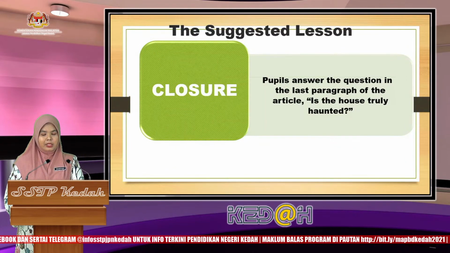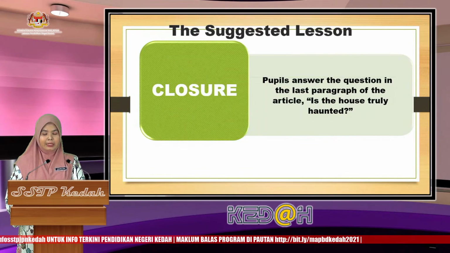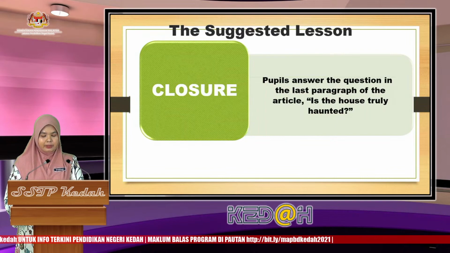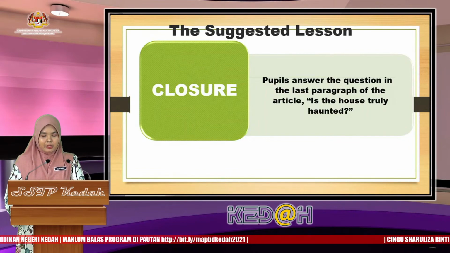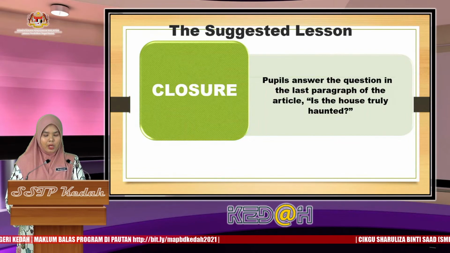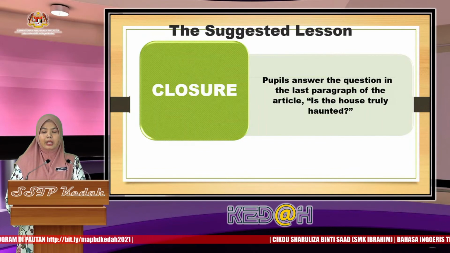The lesson will end with pupils answering the last question orally to the class. From here, the teacher can observe if pupils are able to perform the task. Those pupils who are weak would only be able to answer yes or no to the question, is the house truly haunted?